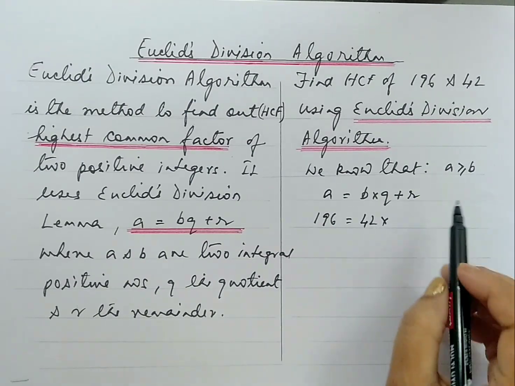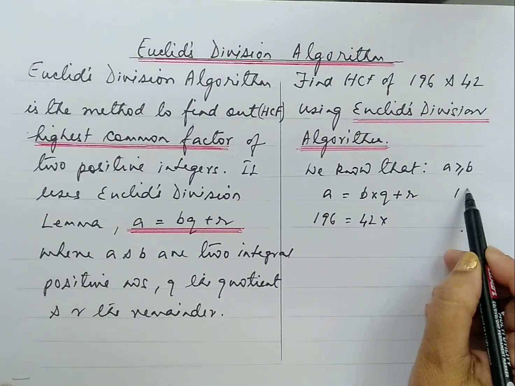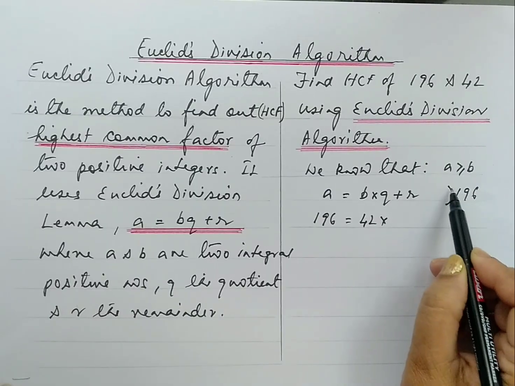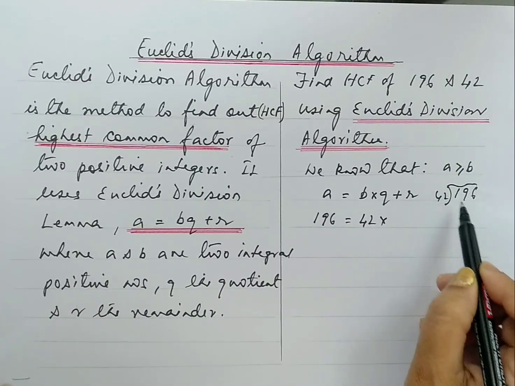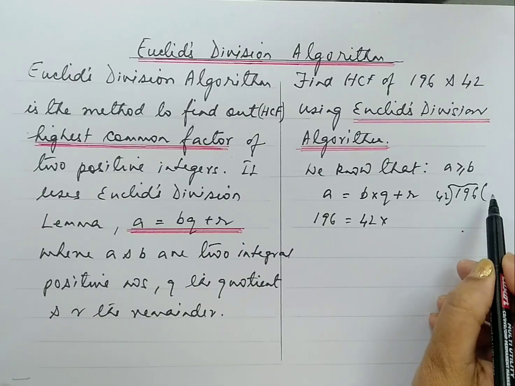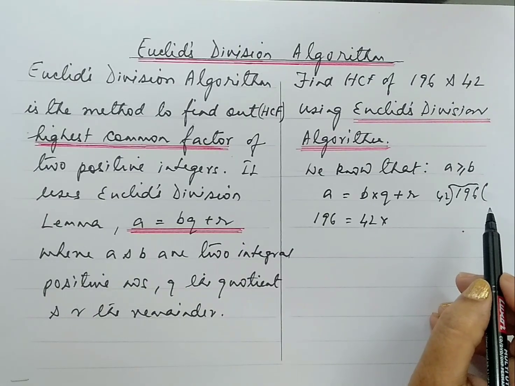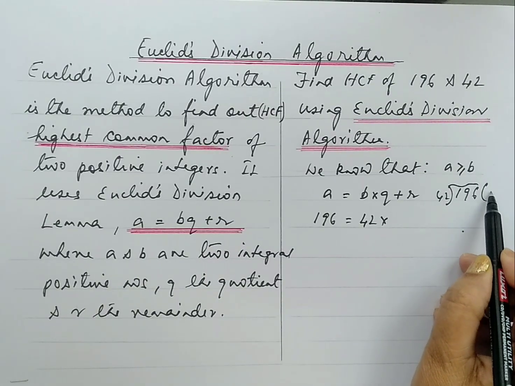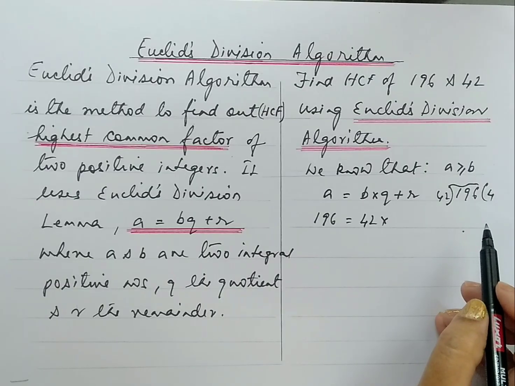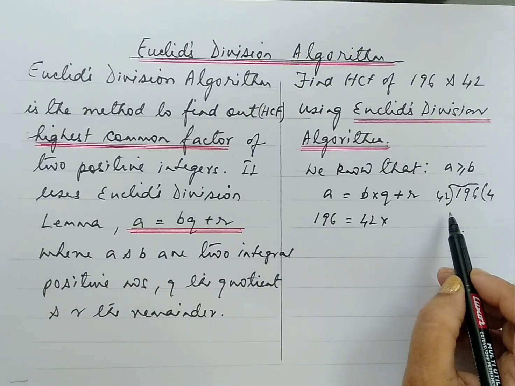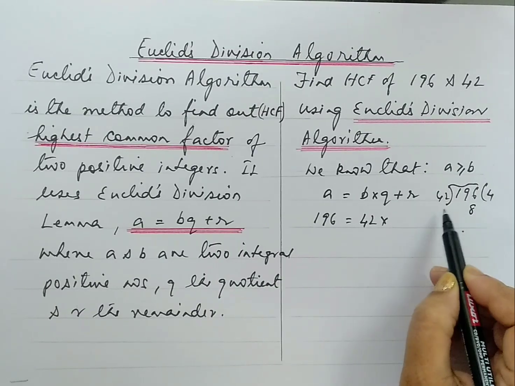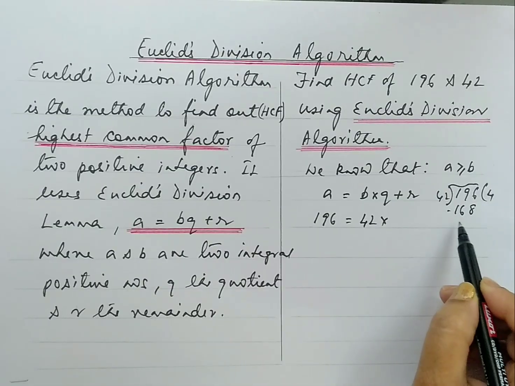So when we divide 196 by 42, what will be our quotient? Tell me guys. 4 times. This will go 4 times, and 4 times means 168. 4 2s are 8 and 4 4s are 16.